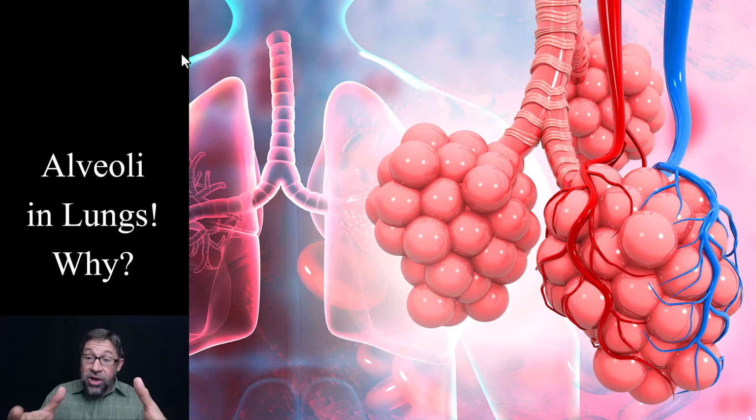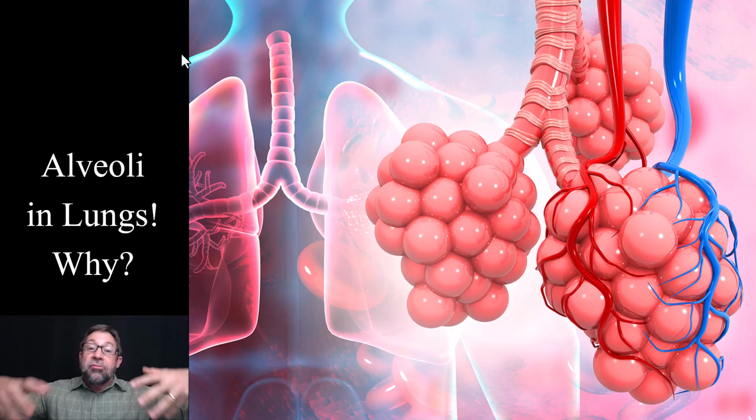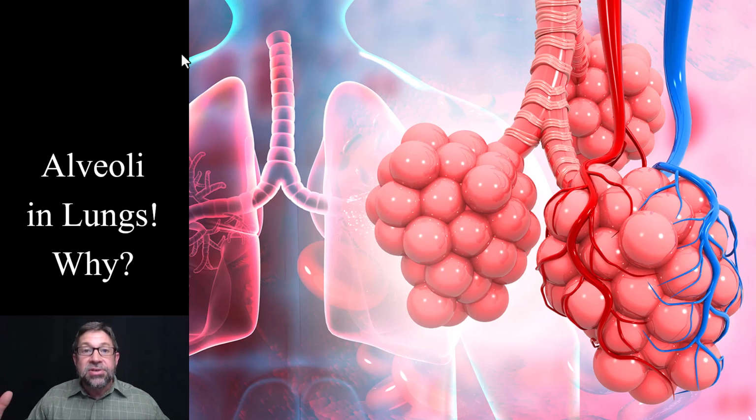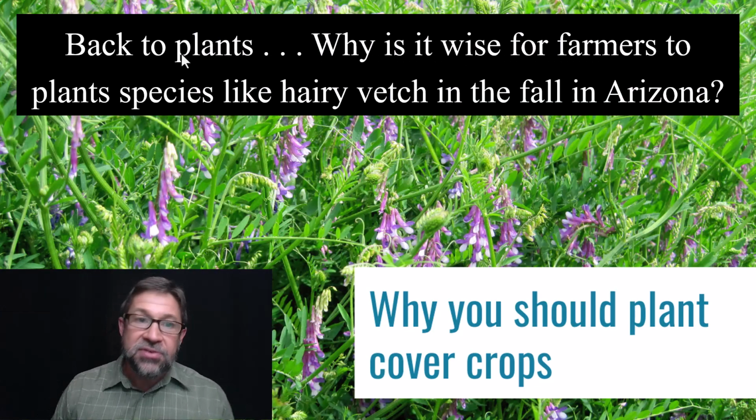High surface area to volume ratios in the alveoli is going to promote efficient gas exchange. My broader point here: animals and plants operate under the same laws of physics, so we see physical similarities between these organs, between root hairs and capillaries, for instance. But let's get back to plants.